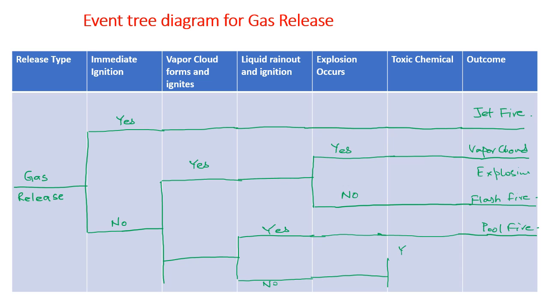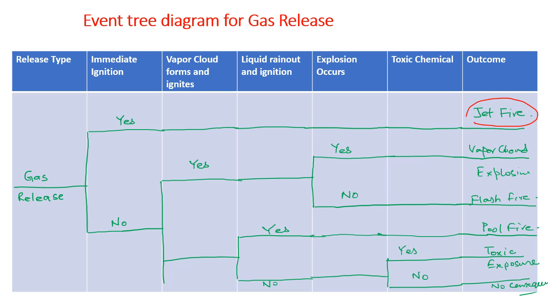In that case, if it is a release of toxic chemical, then it will result in toxic exposure, and if it is not, then there is no consequence here. No consequence here, right? So this is, in a nutshell, your gas release inventory diagram.